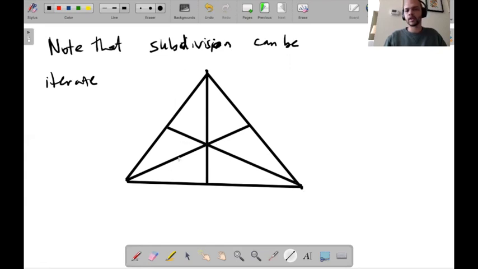And then each of these triangles we can divide. And yeah, we could just divide each of these triangles again, and we get some sort of picture like this.